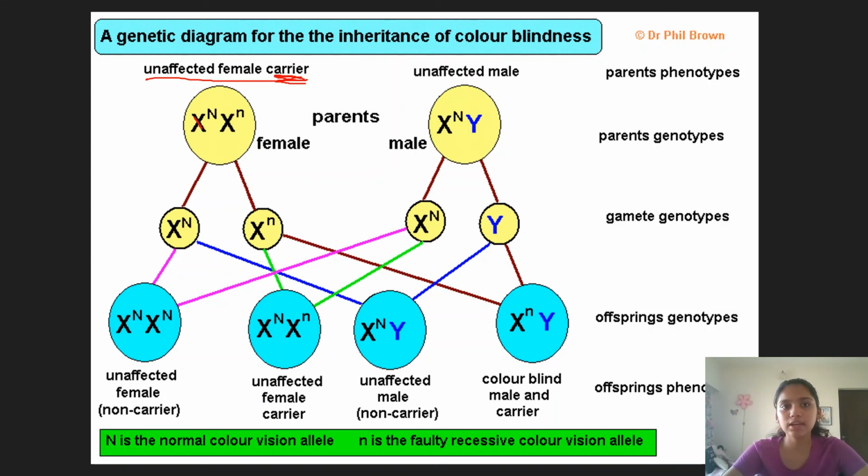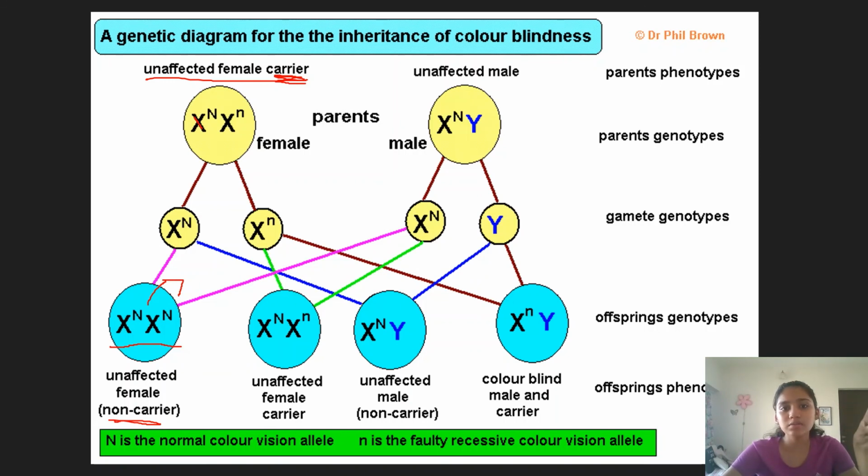So we'll again write down the chromosomes separately, and then we cross them over and we get the product. So X capital N, which has normal vision, and is a non-carrier. Why is it a non-carrier? Because this female would be homozygous dominant. Dominant means normal vision. Then after that, we have one small n and one big N, as you can see by these green lines here.